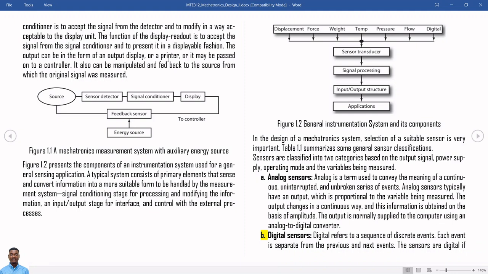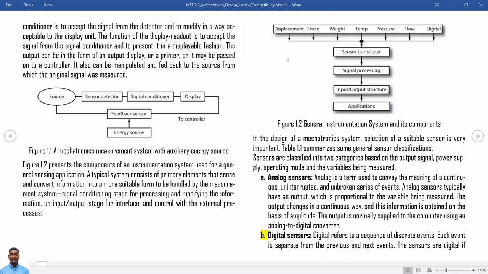When you have a closed loop arrangement, whatever is being measured can be passed into a controller that can now check the system output against the set point of the system, to see if there's any difference there, and the controller can then modify that signal to ensure that what is desired is what is presented at the output, depending on the arrangement of such a system.